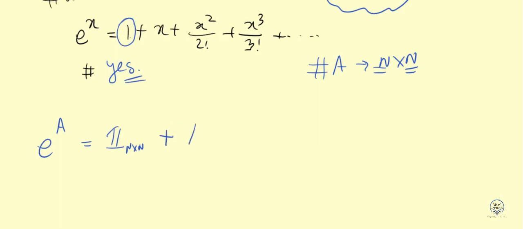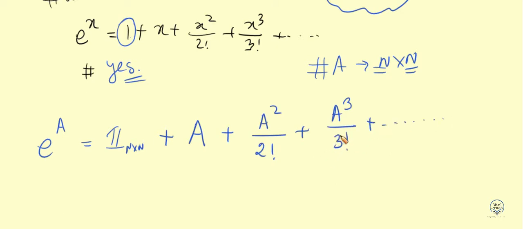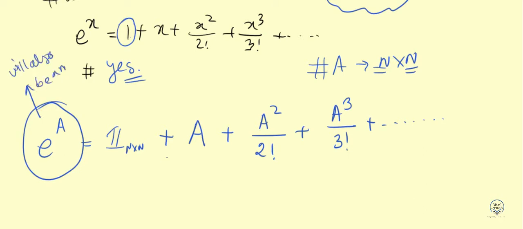The second one will be just A. The third one will be A squared by 2 factorial. Then you will have A cubed by 3 factorial, and so on. And the resultant thing that will come from this power series will also be a matrix. So this e to the power A, this whole thing will also be a matrix.